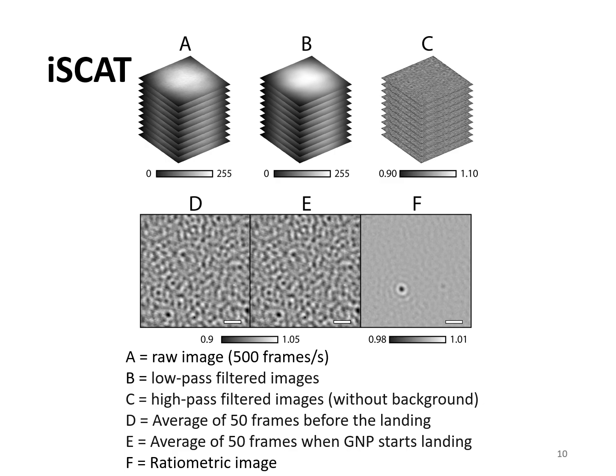C is the high-pass filtered image obtained by dividing A by B. D is the average of 50 frames before the landing. E is the average of 50 frames when golden nanoparticles start landing. F is the radiometric image obtained by dividing E by D.